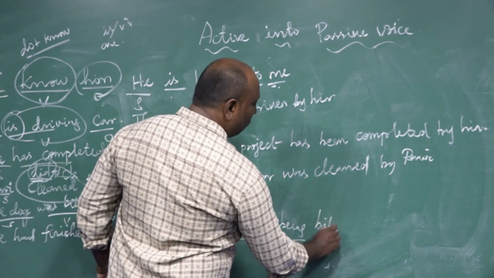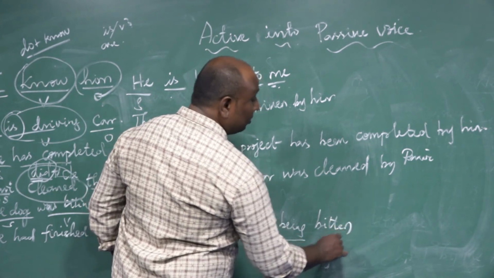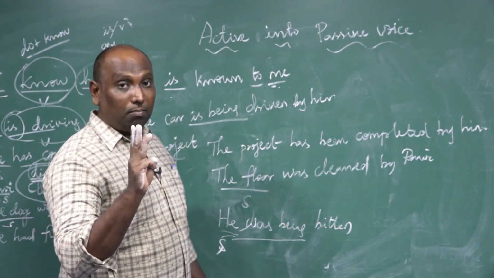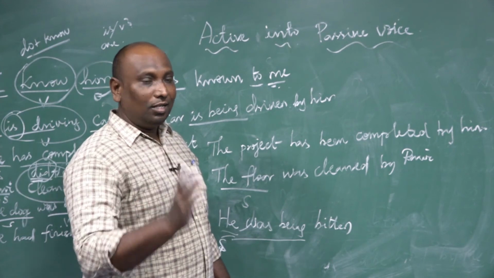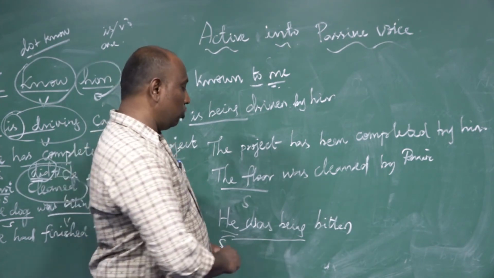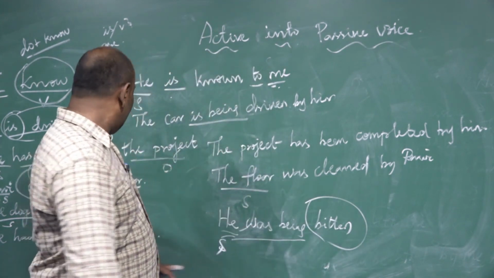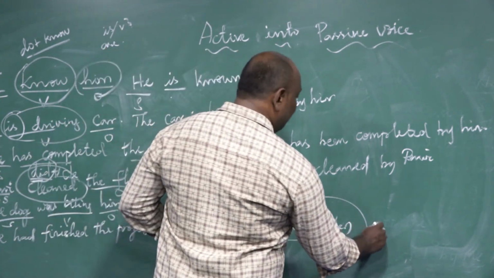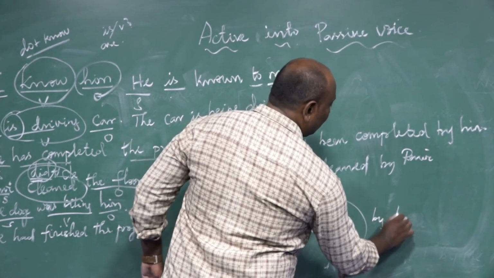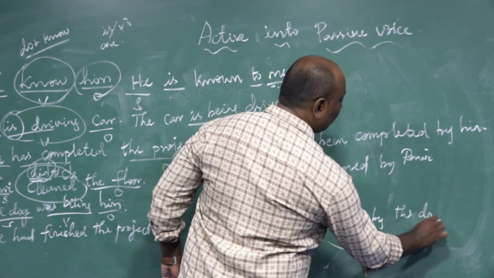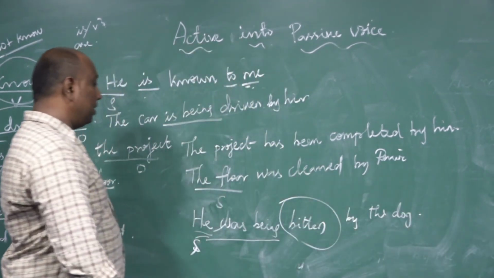And what is the third form for bite? You must know the three forms of bite. Bite, bit, bitten. Without knowing that, you cannot write it. So he was being bitten by the dog.